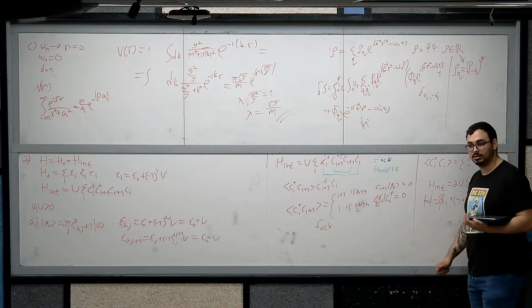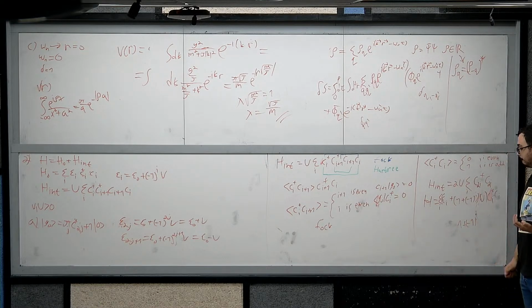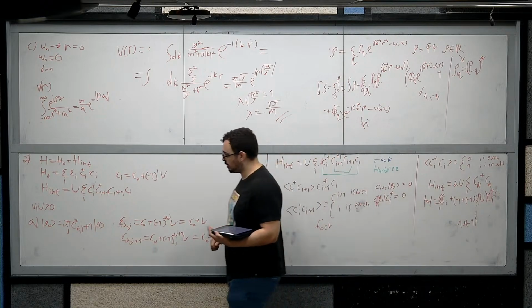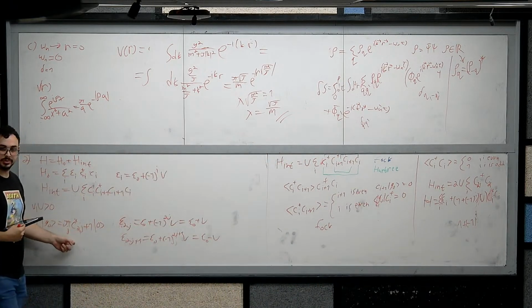Yes? Can you repeat why the even remains? Here? Yes. The odd remains. Because of the ground state. No, this is right. This here, the even, cancels out because we only have odd terms.